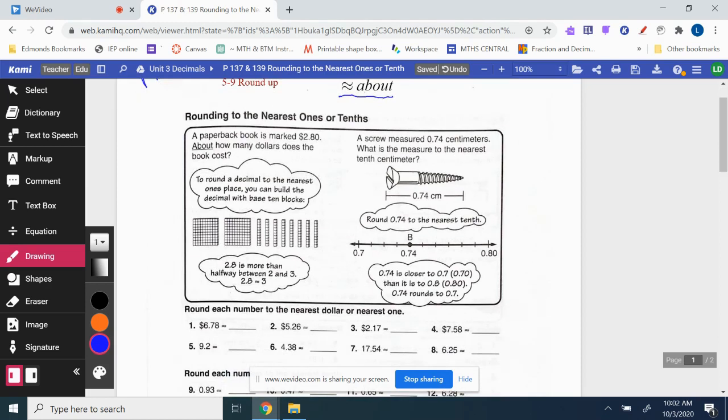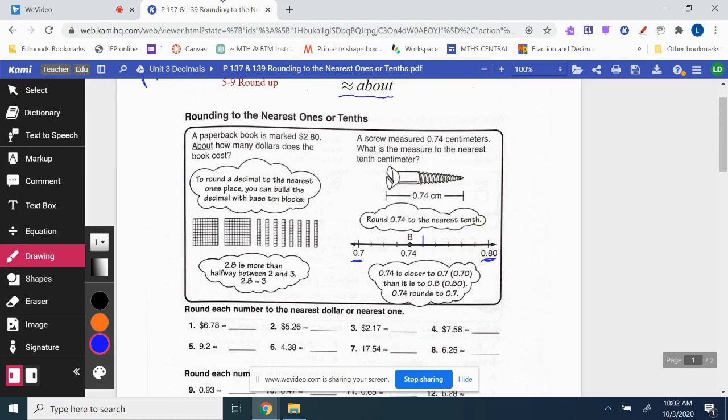So when we are looking at this screw right here, and it says it's 74 hundredths centimeter, and wants to know what is it to the nearest tenth. And they draw us a beautiful number line here of 7/10 to 8/10.